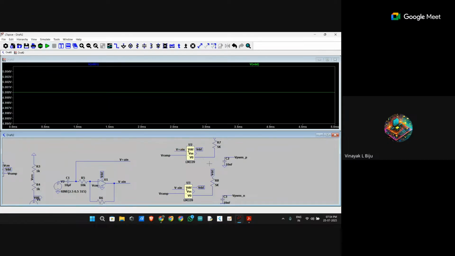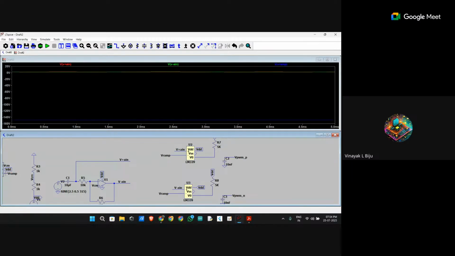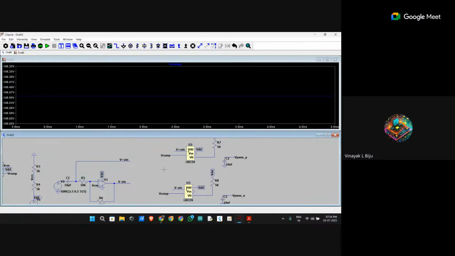Still, it is the same issue. But I am getting the V in, V in plus and V in minus. VRAMP I am not getting when VDD is connected.